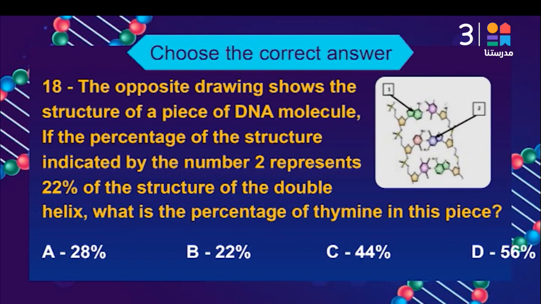Number 18, the opposite drawing shows the structure of a piece of a DNA molecule. Yes, that's a DNA molecule, a piece of it. If the structure indicated by number 2 represents 22% of the structure of the double helix, there are 50% purine and 50% pyrimidine.